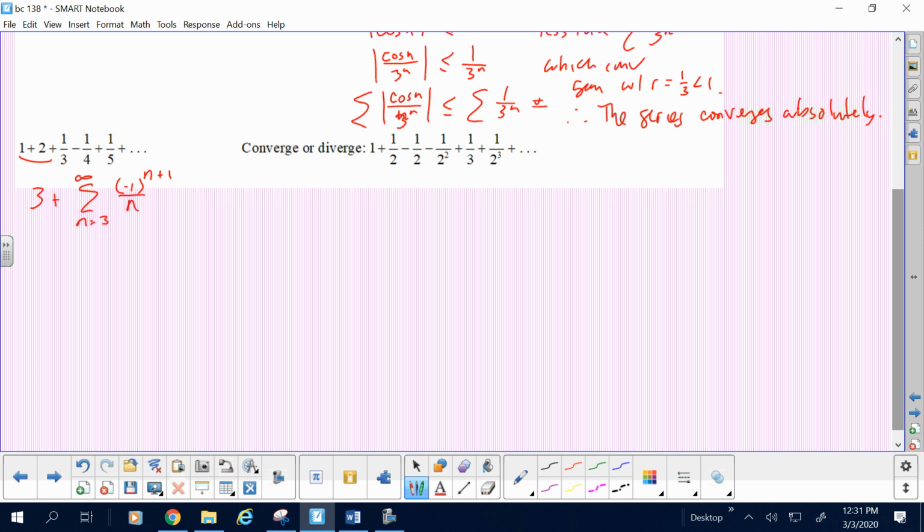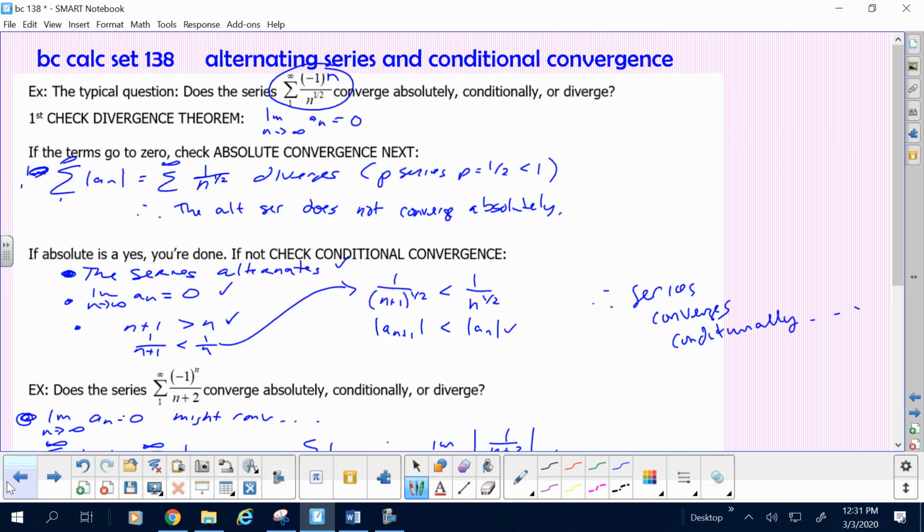Now, if we were asked about convergence of this, what if the question said just, does this converge? Now, that reads differently than this question here. When the question says, does the series converge absolutely, conditionally, or diverge, then you've got to do it all.